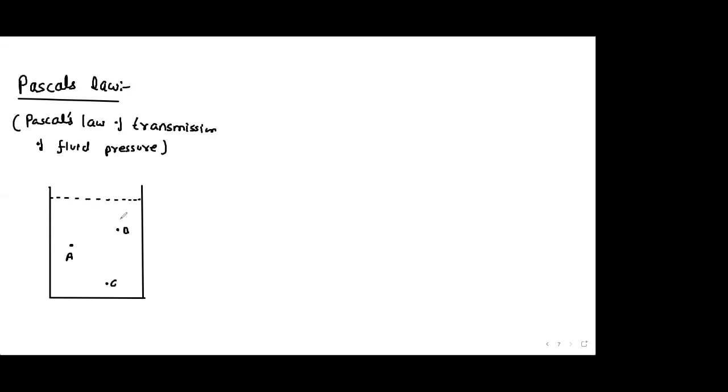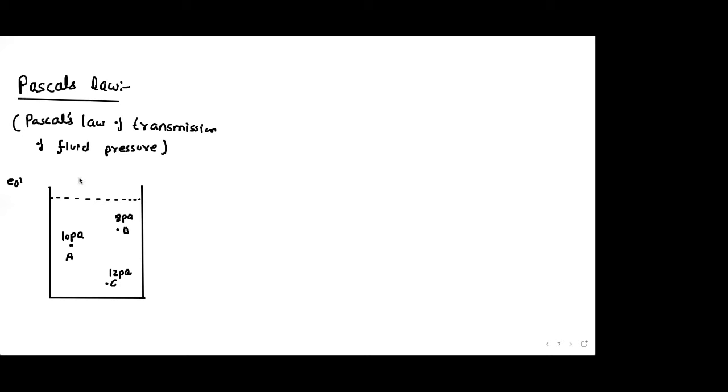All points are at different depth, so they have different pressure. At A, let's say your pressure is 10 pascals. At B, let's say this is 8 pascals. Through this example, you will understand the law of transmission of pressure. At C, the pressure is a little bit higher. Let's say that is 12 pascals.